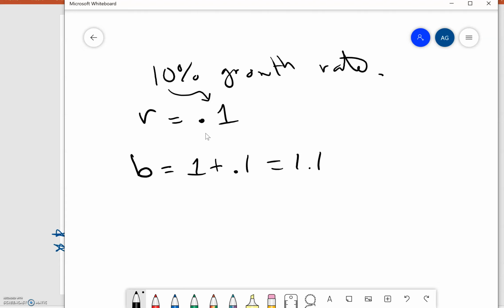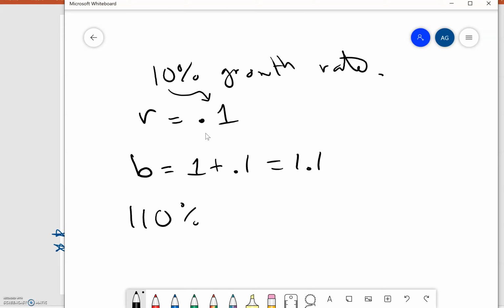So one way of thinking of this is that if we have a 10% growth rate, then your actual growth is 110%, because you have 100% of what you started with and then another 10% on top of that.